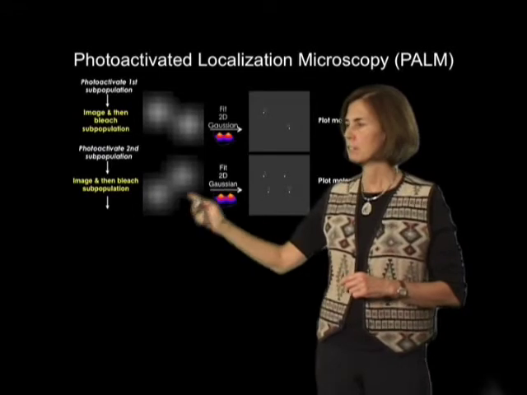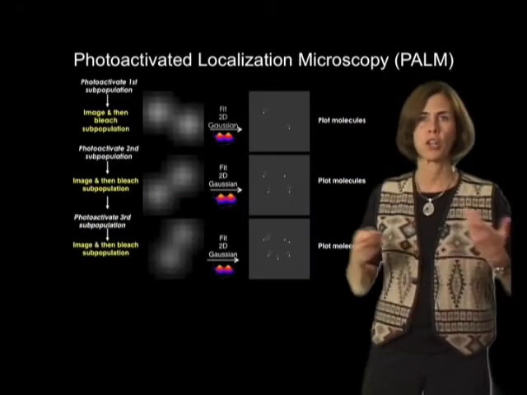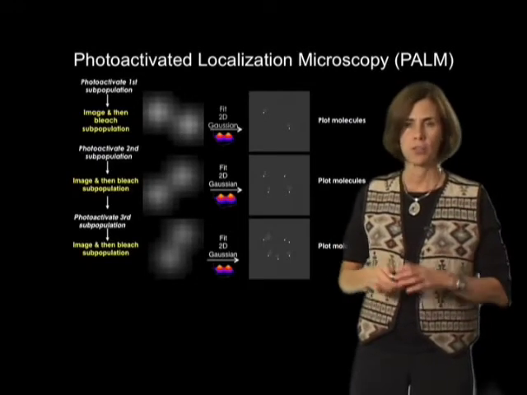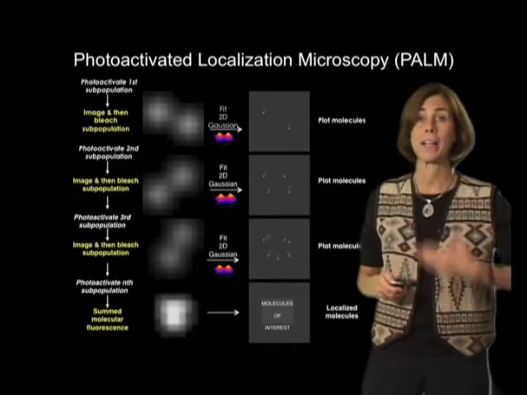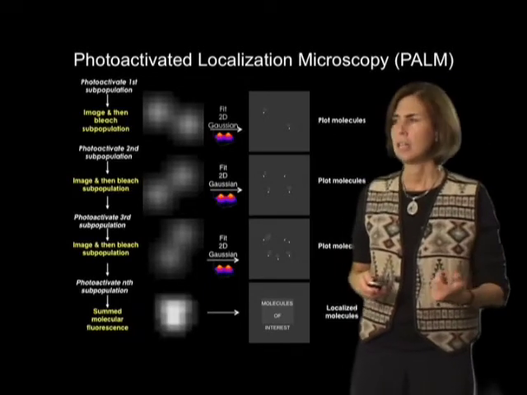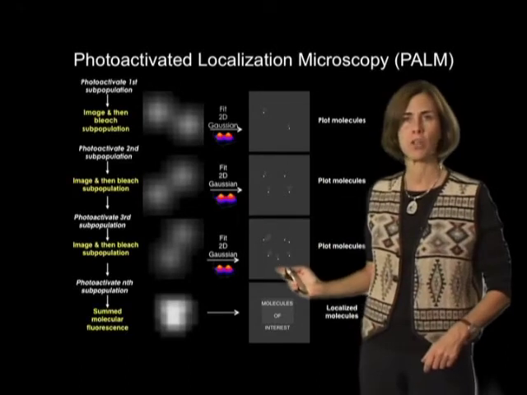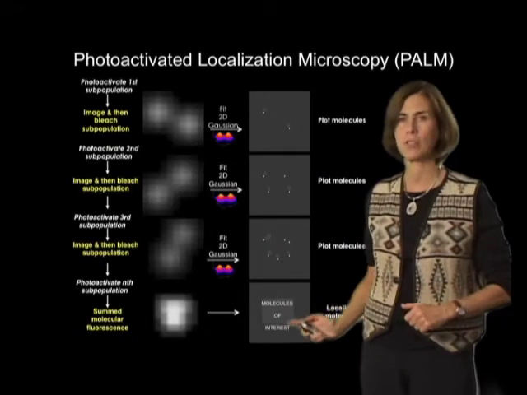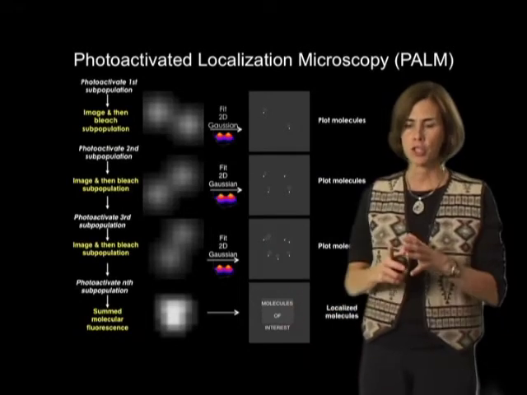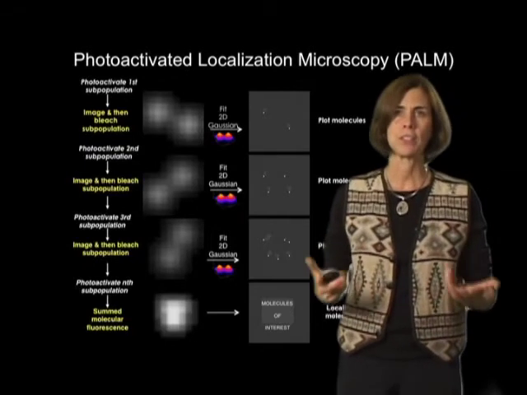After fitting these molecules, you can do another bleach and photoactivation to switch on another population in this overall population. And you can do this over and over again, thousands of times. And after you've collected the distributions of all these molecules, you can then merge them into one big super-resolution map showing how all of the molecules are distributed within the fixed specimen.